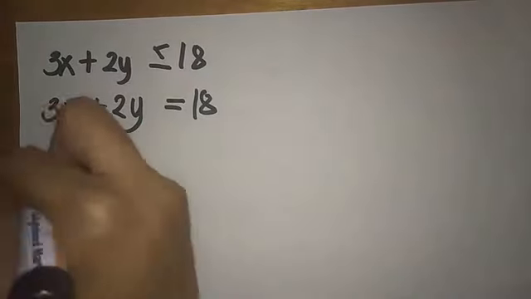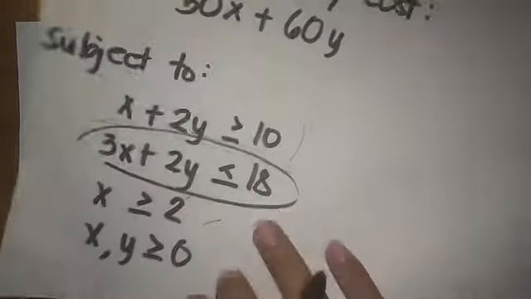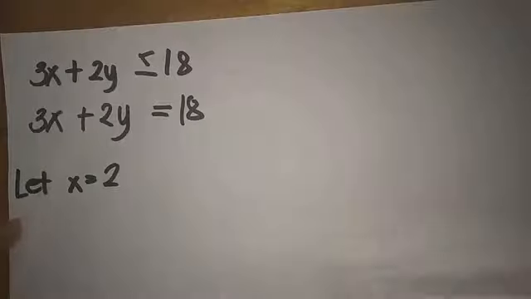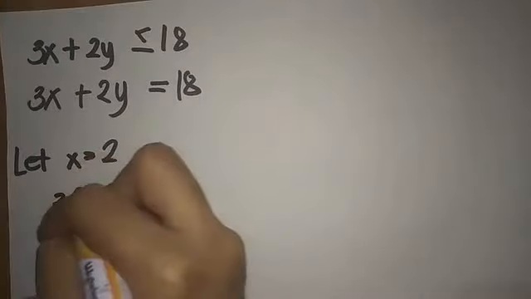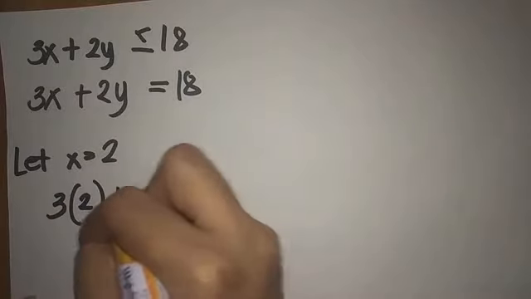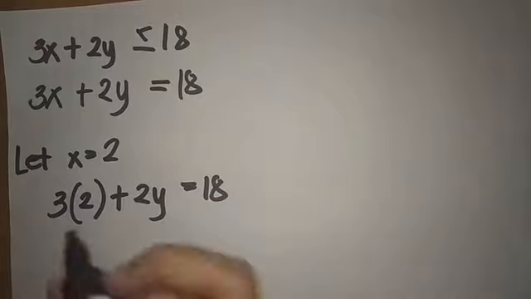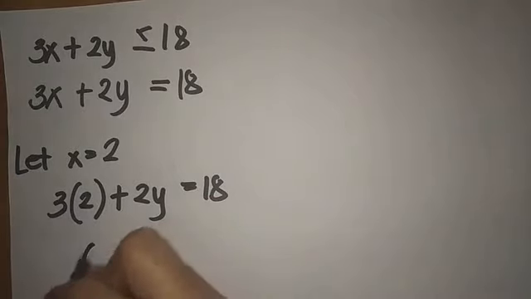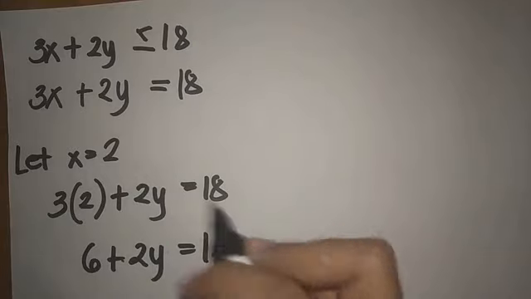So, we let x is equal to 2 ulit. Kasi may given, yung given 2 is equal to 2. So, we have 3 times 2 plus 2y is equal to 18.